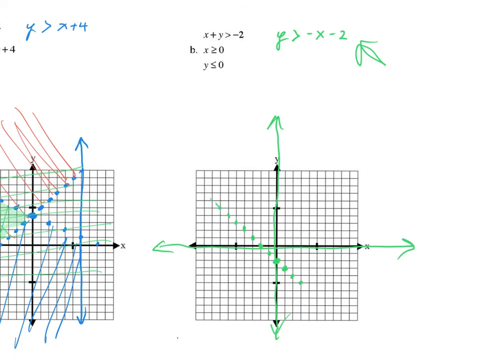Okay, so let's go ahead and take a look at this. The first one is going to be greater than. And x is greater than 0, so it's going to be to the right of the y-axis, right?